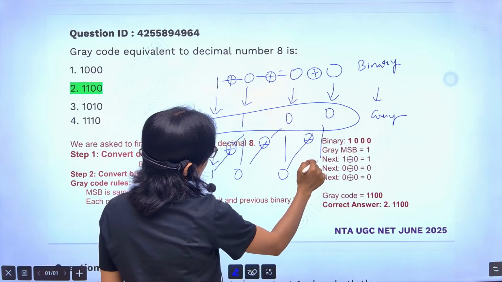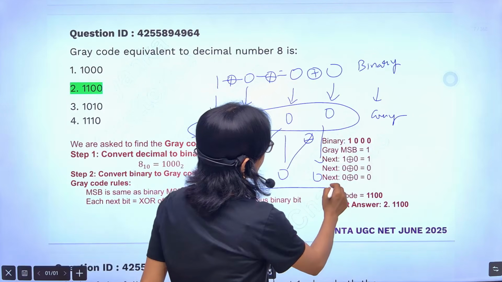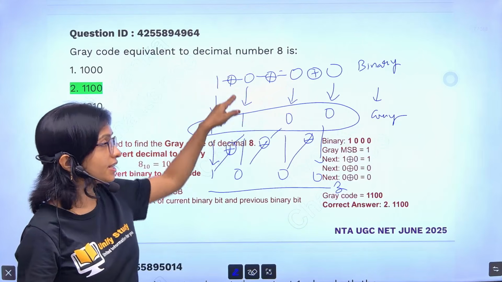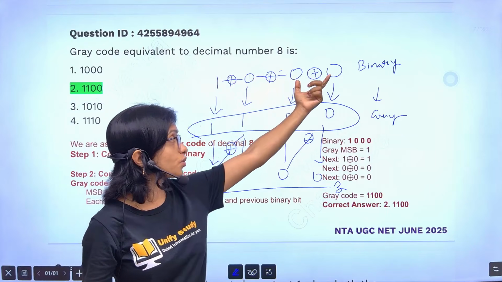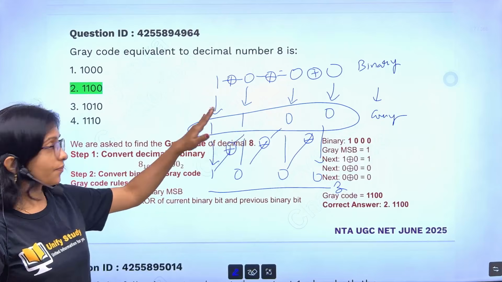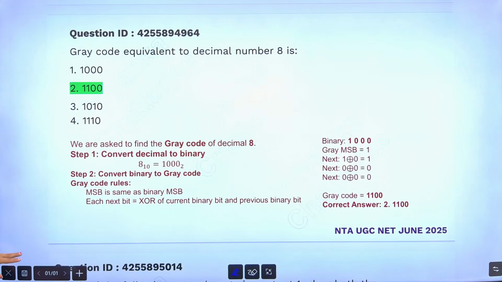Again 0 0 will be 0. Then you are getting the same number. That is gray to binary. So gray to binary means diagonal. Binary to gray means direct. This you need to remember. Binary to gray means doing it parallelly, and gray to binary means doing it diagonally. So that's why you are getting this answer here, right?